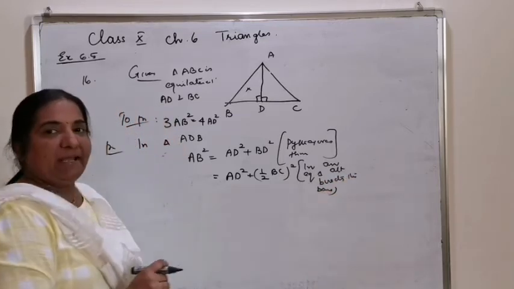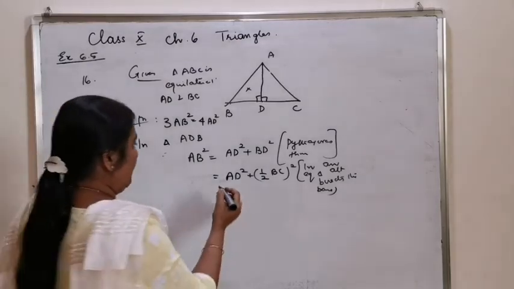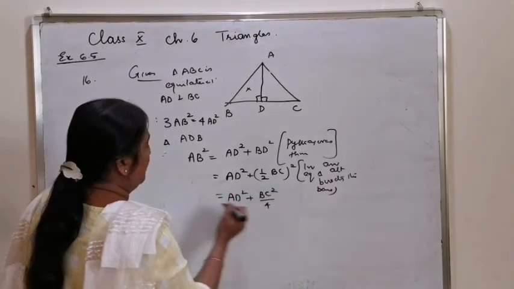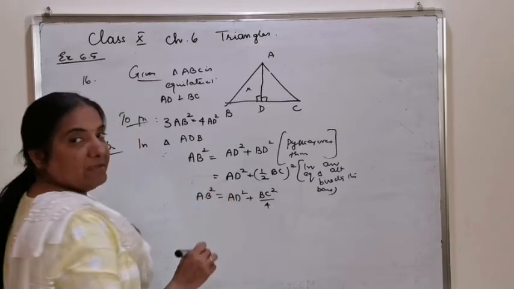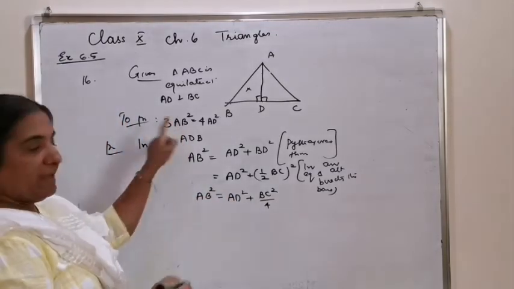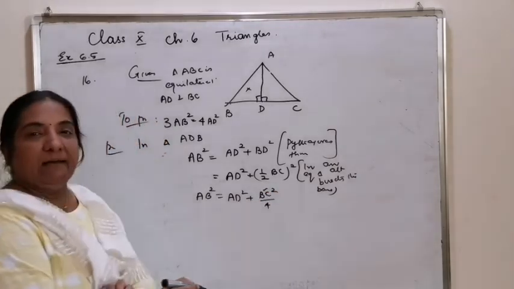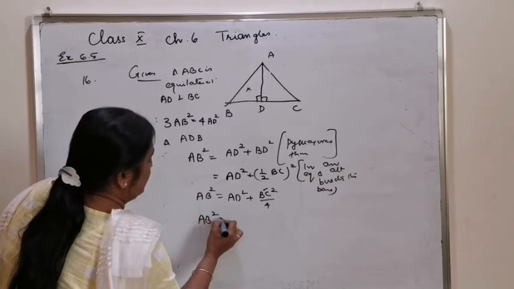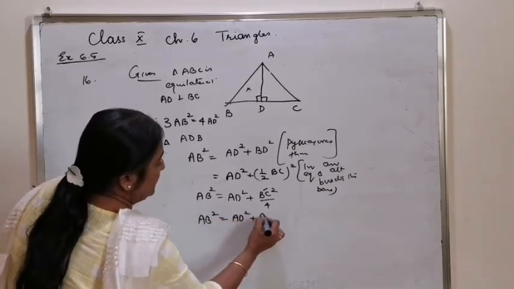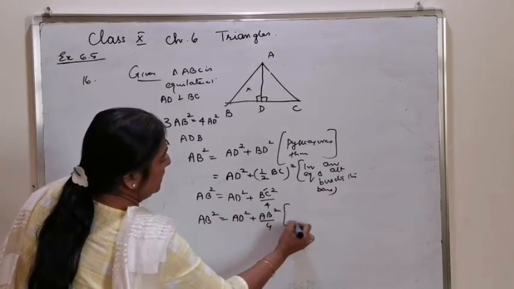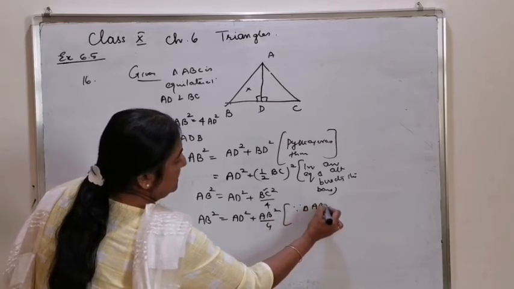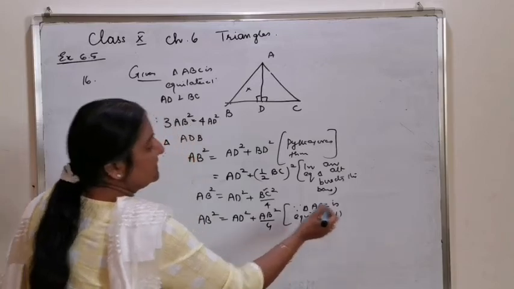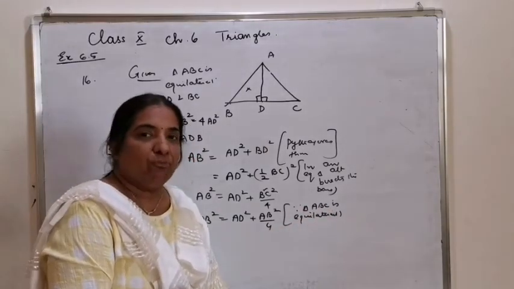That proof is already done by RHS congruency, which is the same as AD square plus BC square by 4. Since the question has only AB square, since the triangle is equilateral, replace BC with AB. AB square is equal to AD square plus AB square by 4, since triangle ABC is equilateral. Try to write all the reasons so that you will get full marks always.